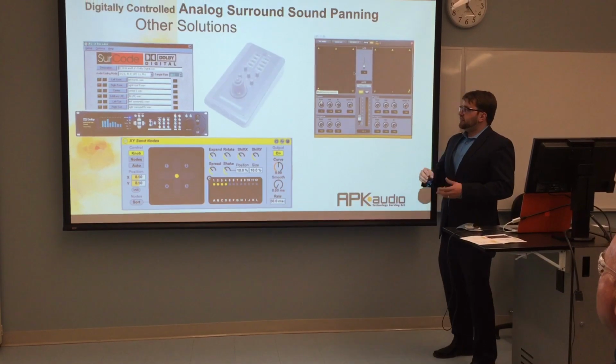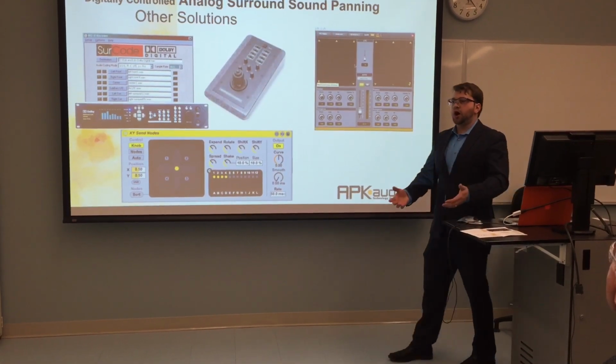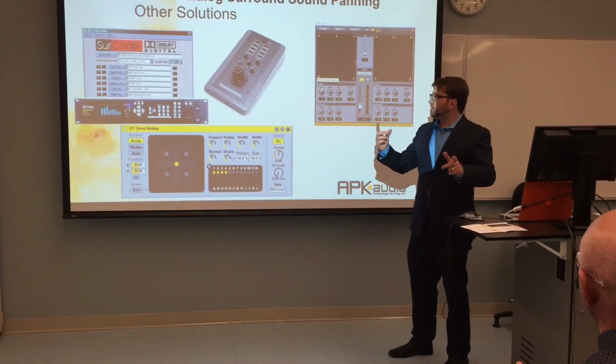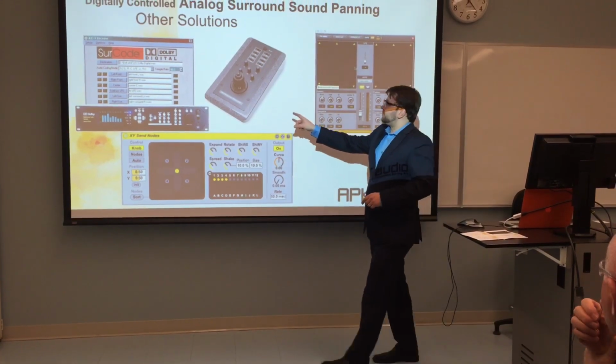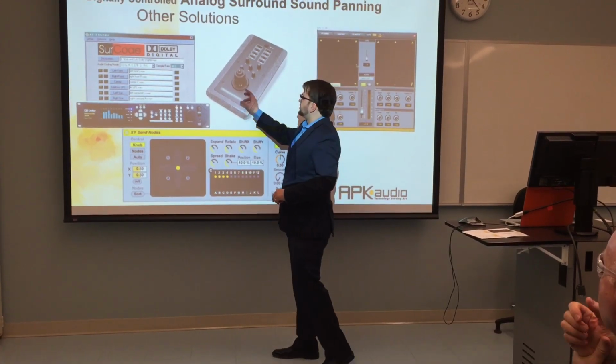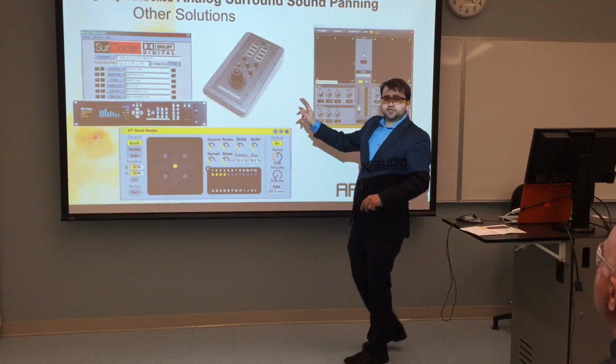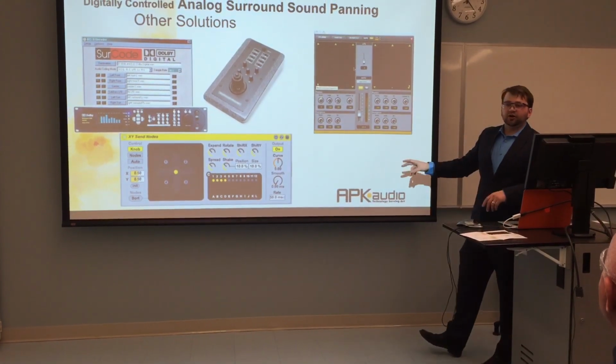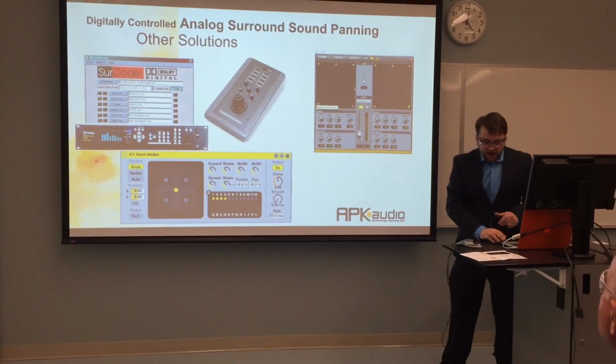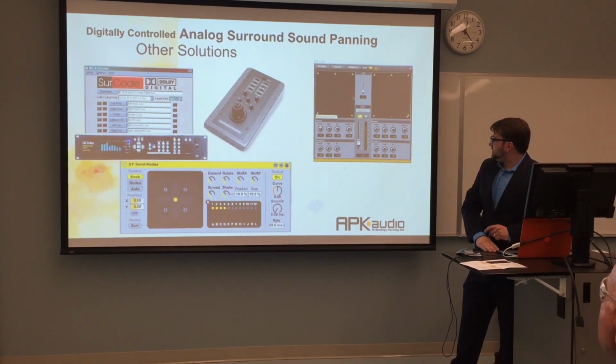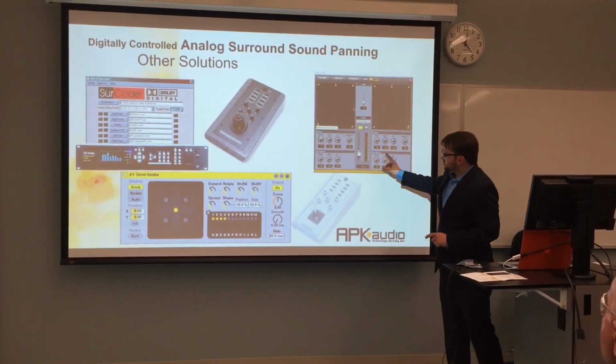How they move these, what's called objects in the 5.1 sphere, is they use joystick controllers. That's an industrial Penny and Giles $480 joystick controller. That unit is $3,500. This unit here is the Pro Tools equivalent.